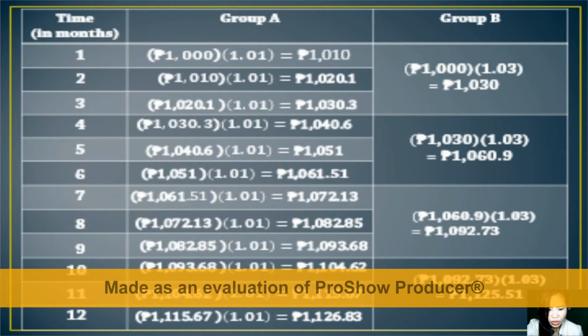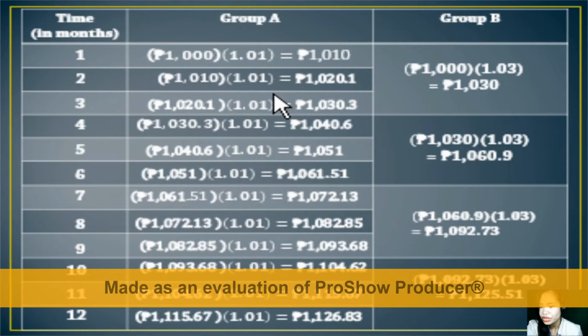So again, as you can see, if the money is invested compounded monthly, the earning is more than if it is compounded quarterly.